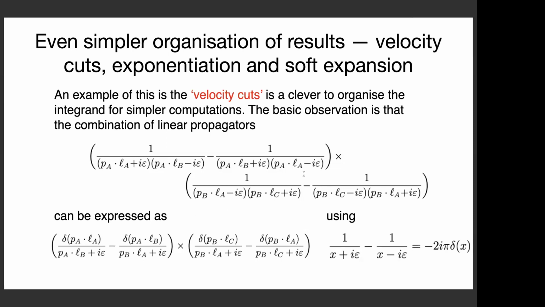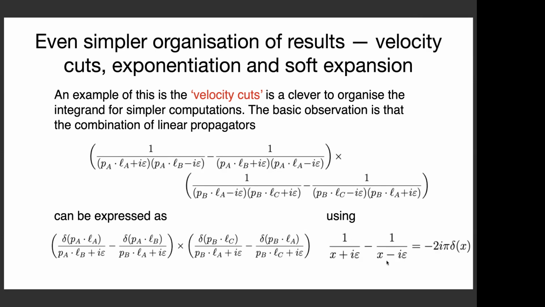And this allows us to express the middle term here with the 4 propagators as differences of delta functions multiplied together. And this follows from the basic identity that if we have a pole x and we are i epsilon above, and we subtract the pole with the minus i epsilon part, it is basically what we understand as a delta function on the real line.